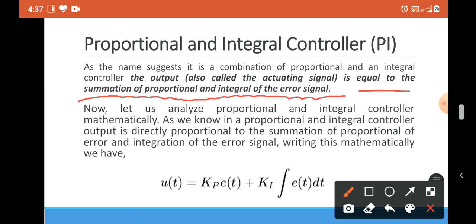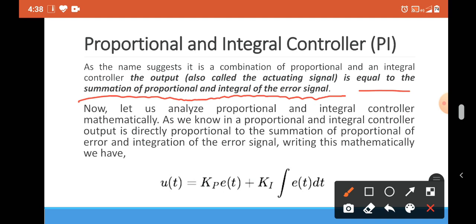So your output signal is now dependent on the summation of proportional and integral of the error signal.